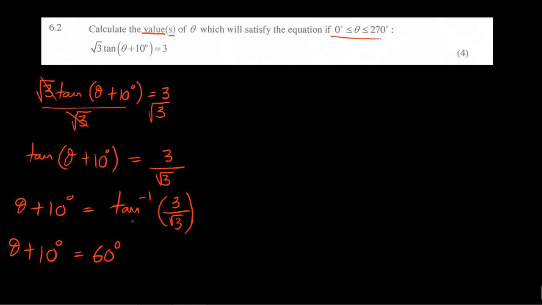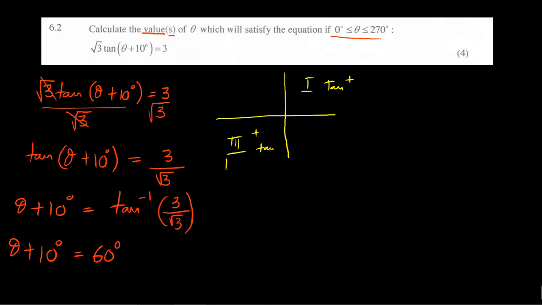Now when you're doing that, remember, tan is positive in the first quadrant and in the third quadrant. Now you have to revise the trigonometry lesson. So tan is positive here and tan is positive here.